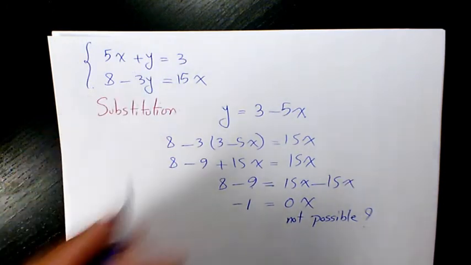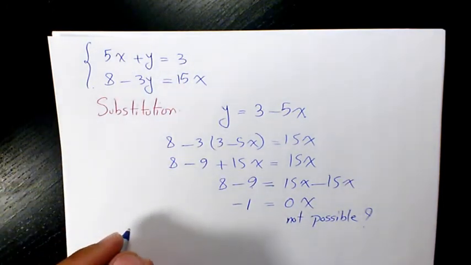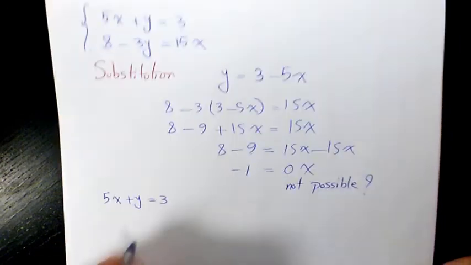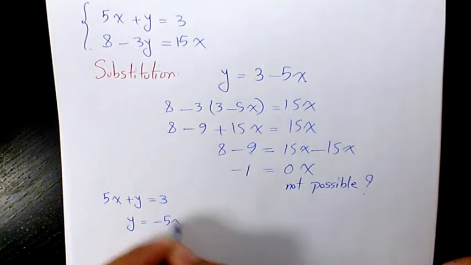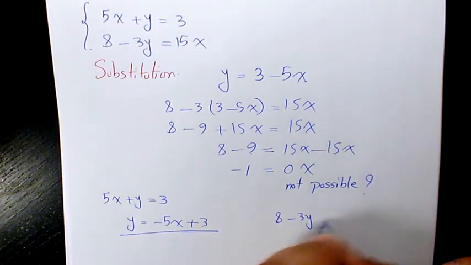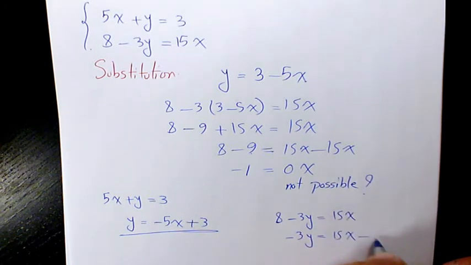Let's convert both of them into slope-intercept form. 5x plus y equals 3, so y equals negative 5x plus 3. So the slope is negative 5. And the second one, we have 8 minus 3y equals 15x. We have negative 3y equals 15x minus 8. So we divide it by negative 3, and it's going to be y equals negative 5x plus 8 over 3.